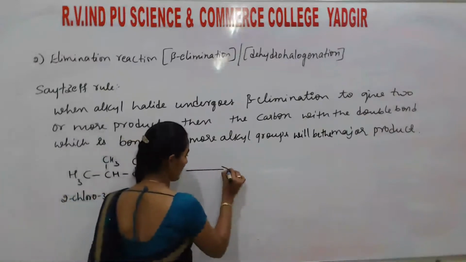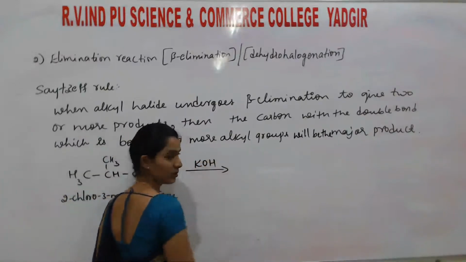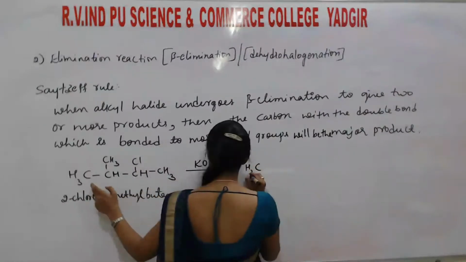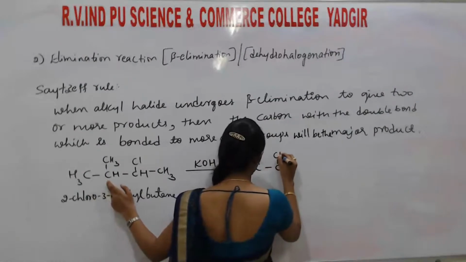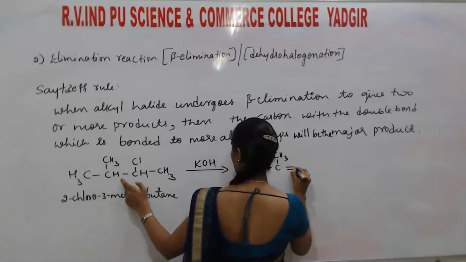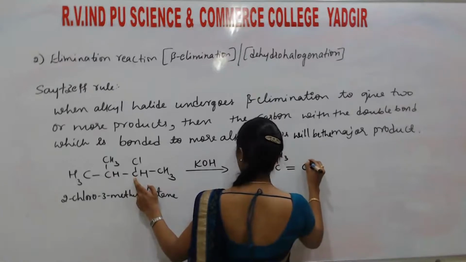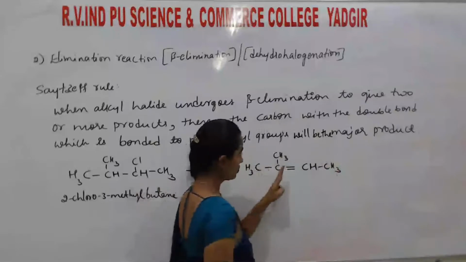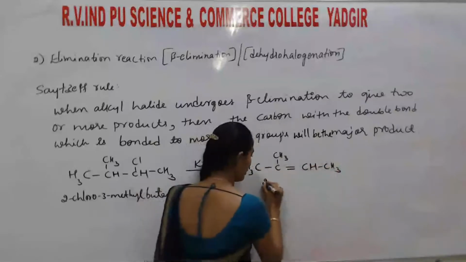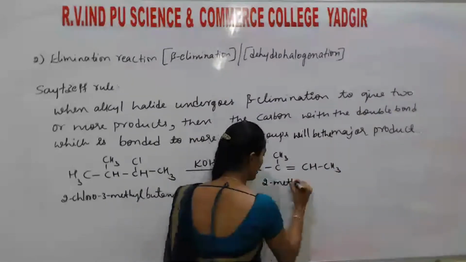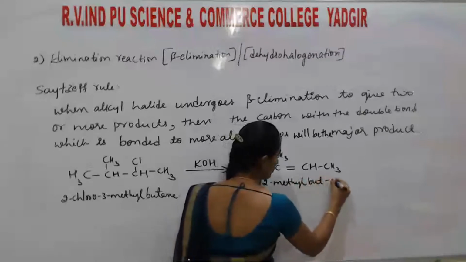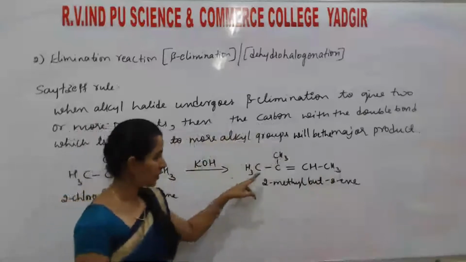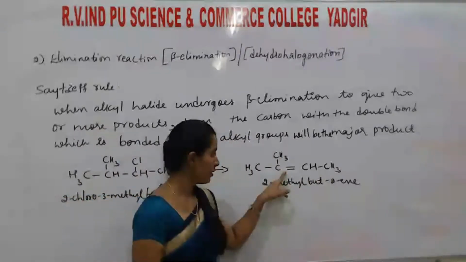Here it reacts with KOH. They form two types of compound. One is CH3, CCH3, double bond, CH, that is 2-methylbut-2-ene.